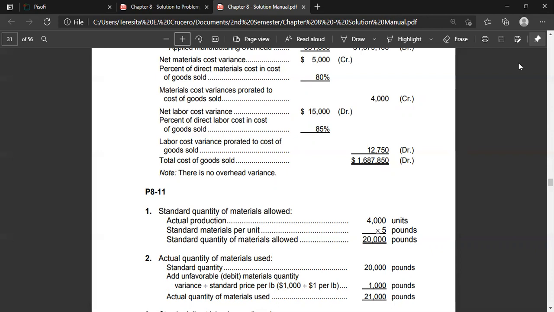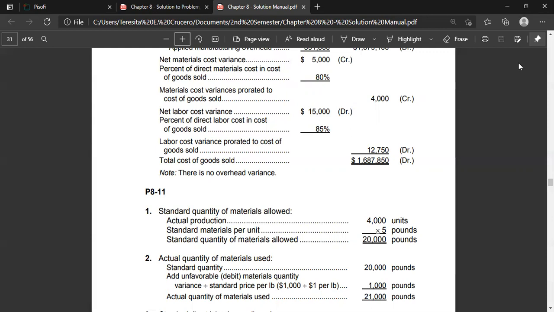So we multiply 5 by 4,000, and we get the standard quantity of materials allowed equal to 20,000 pounds.